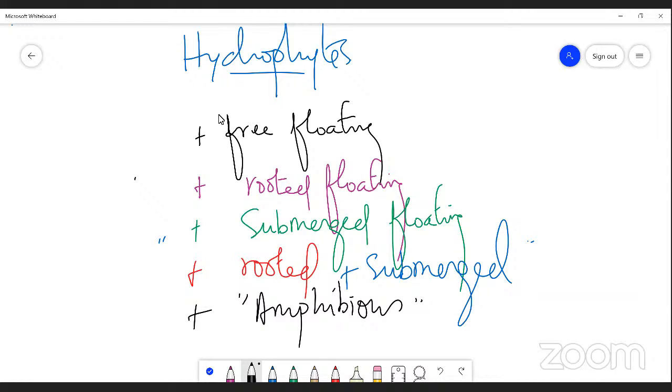Yes, sir. It is rooted in the mud, fixed with the soil, but its leaves and flowers are floating on the surface of water. Have you seen such a plant anywhere? That is what you can categorize under rooted floating. Do you understand?